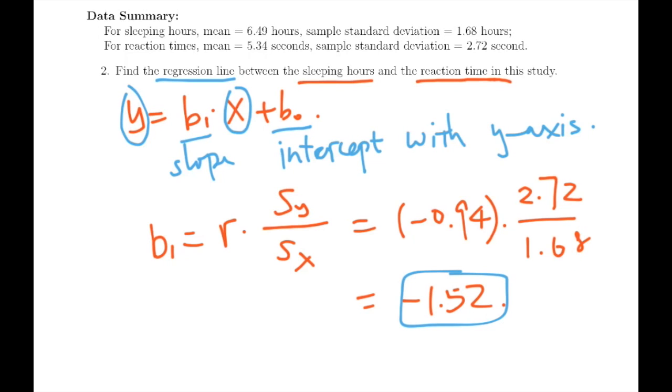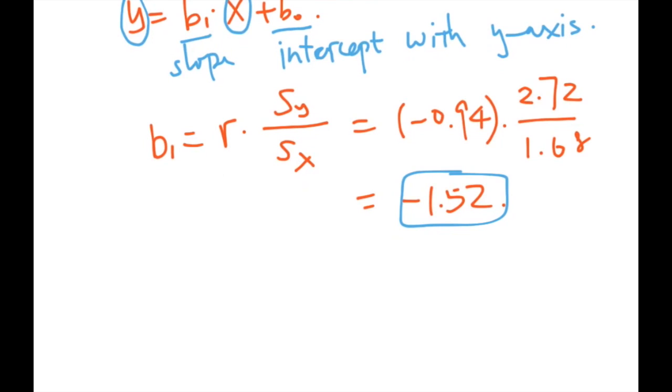And then we want to find the intercept, that is b0. Remember, b0 is given by the mean of the reaction time, y bar, minus b1, the slope, times the average of the sleeping hours, that is x bar.